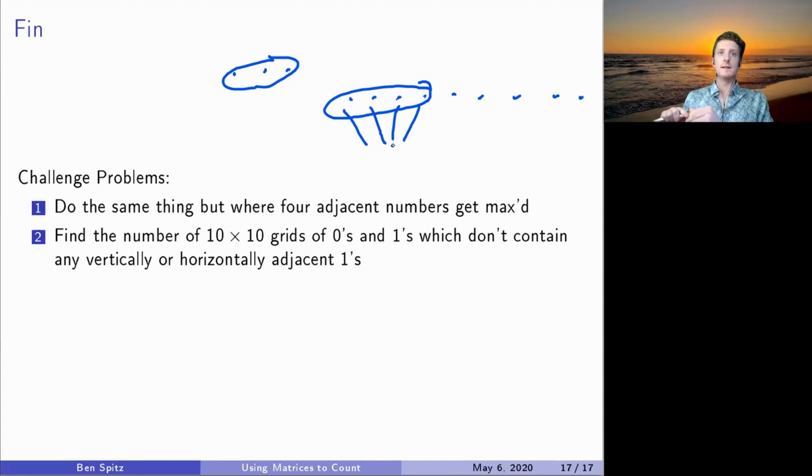The second question is to find the number of 10 by 10 grids of zeros and ones where you don't have any ones that are horizontally adjacent or vertically adjacent. For this one, the idea is to think about a 10 by 10 grid as a string of 10 columns, 10 by 1 columns. Each column has 2 to the 10 possibilities.